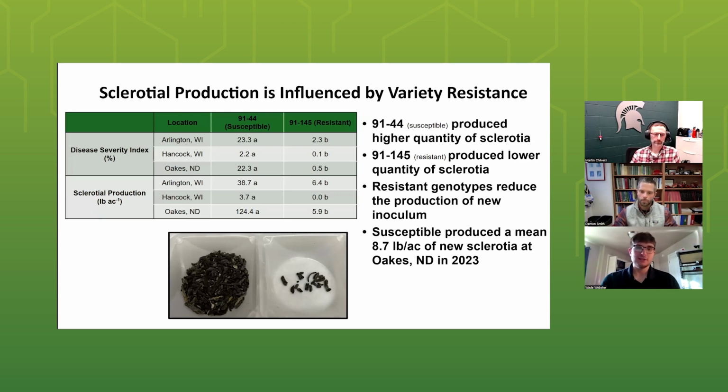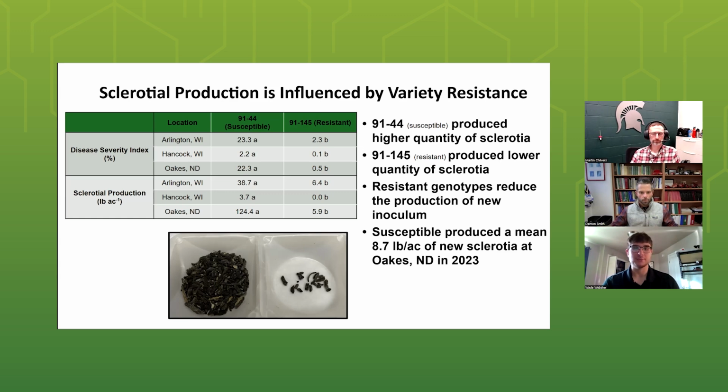These are some trials that we ran across Wisconsin and North Dakota between 2022 and 2023, looking at two different soybean varieties. These are breeding lines, they're not commercially available, but they are genetic siblings. One of the key differences between these sibling lines is that the 9144 is highly susceptible, while the 91-145 is highly resistant.